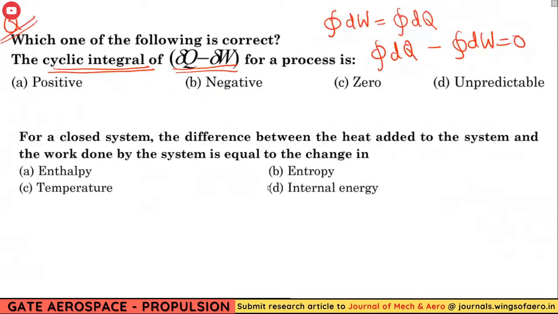In your question paper, the questions will be shuffled, and at that time you have to figure out from which topic they have asked the question. You should not take much time. Immediately write up the formula and you will know it is zero. And one more point I mentioned earlier: whatever the functions, anything cyclic has to be zero. Keep that in mind.